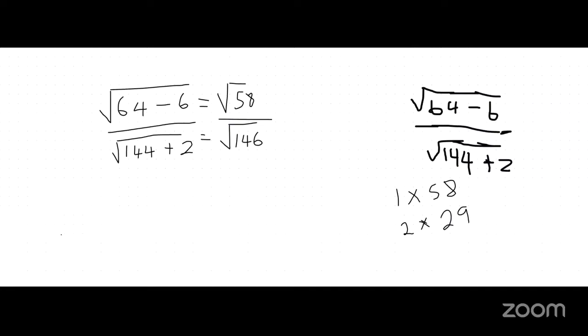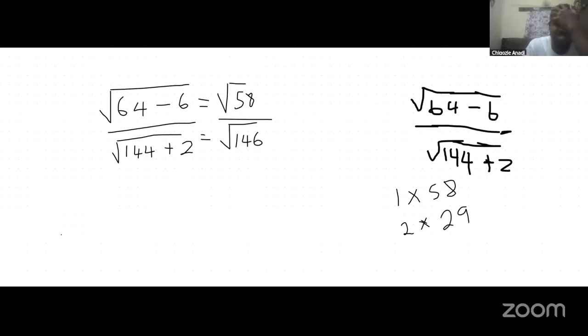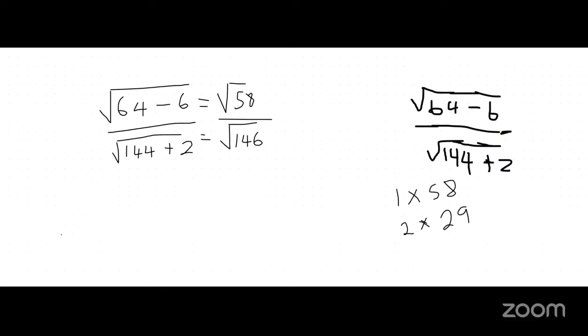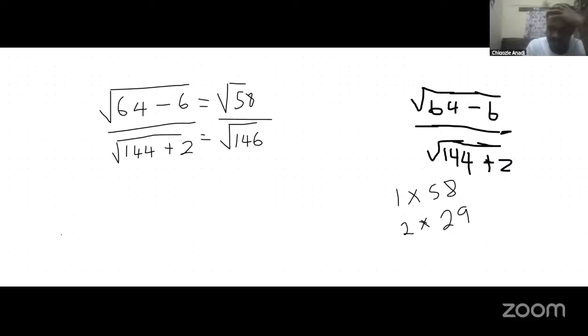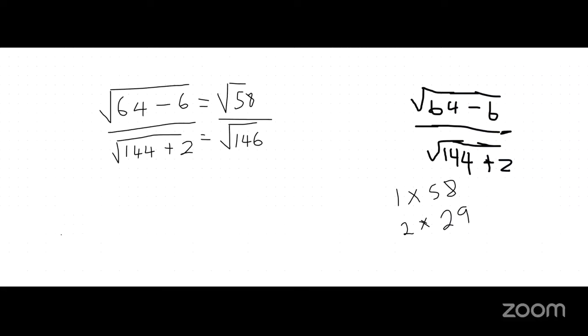No. What about 4? 4 is not a factor. 5 is not, 6, 7, 8, 9, 10, 11, 12, no. Is 19 a factor? No, 19 is not a factor. So the factors of 58 are 1 and 58, and 2 and 29. Okay, so these are the factors of 58.